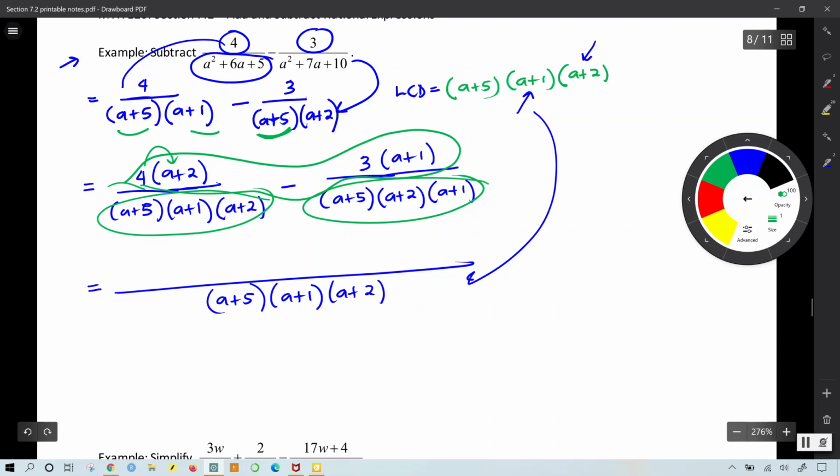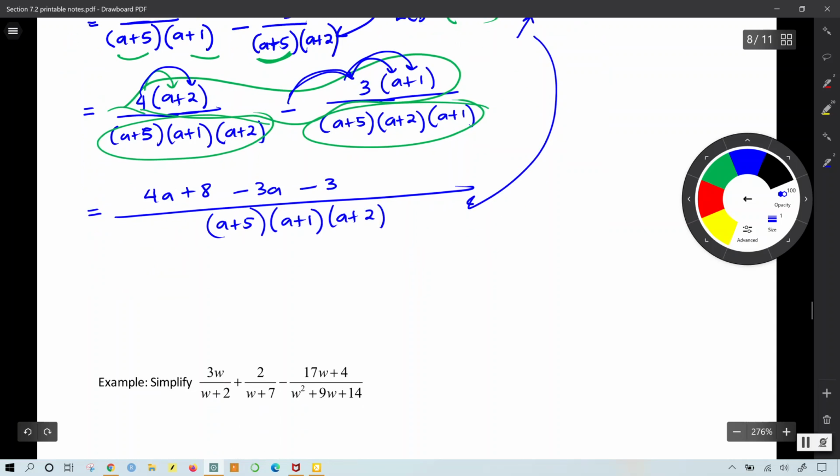So 4 times a is 4a, 4 times 2 is 8, negative 3 times a is negative 3a, negative 3 times positive 1 is negative 3. And so we have 4a minus 3a is a, positive 8 minus 3 is positive 5.